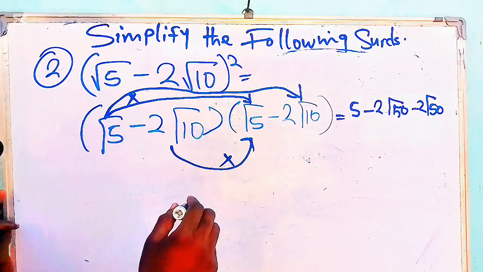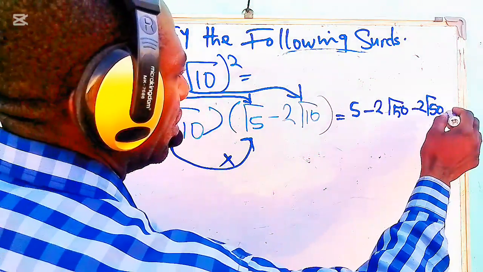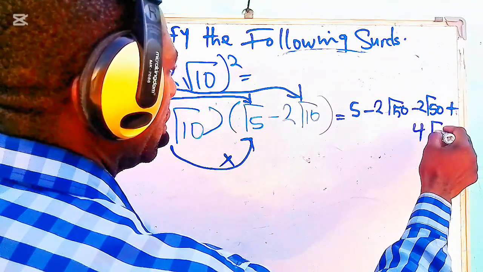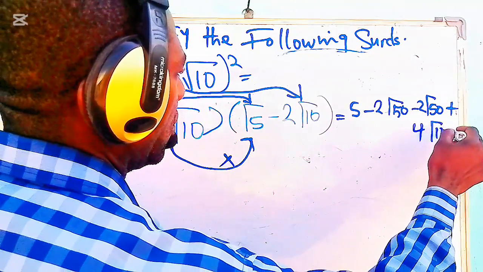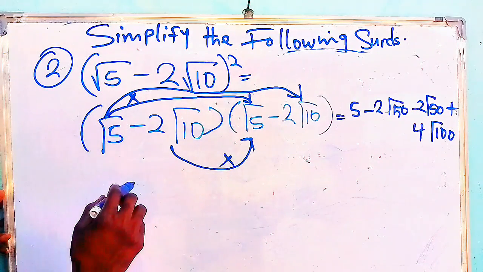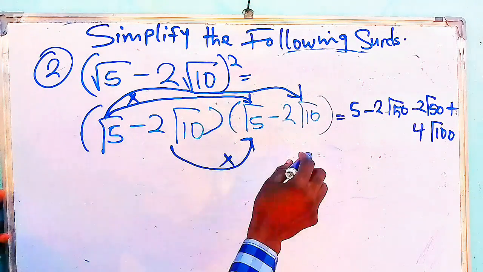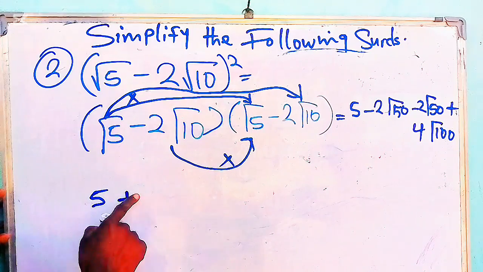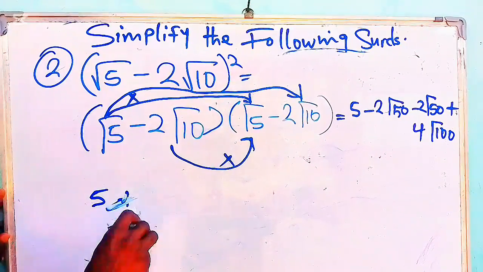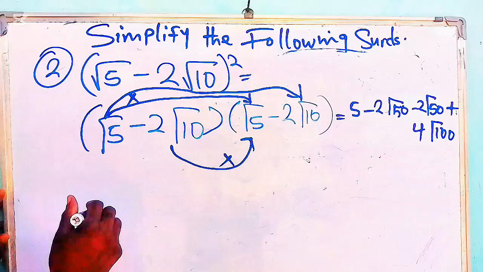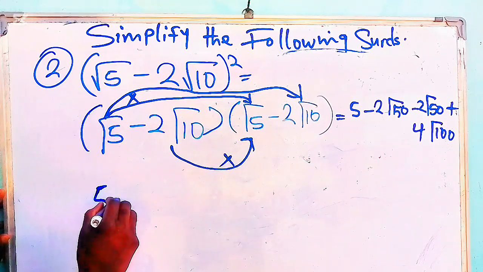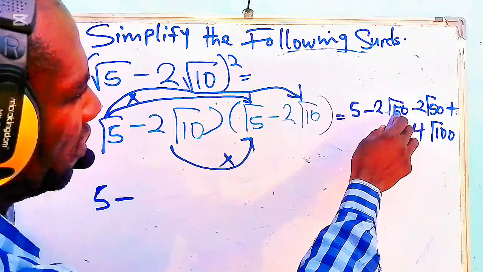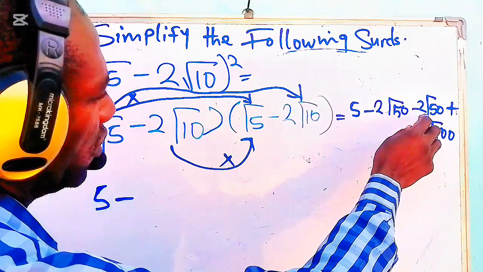We are going to have 4 plus 4√100. Let me bring everything closer to this place. At the end, you are going to have 5 minus 2√50 minus 2√50.